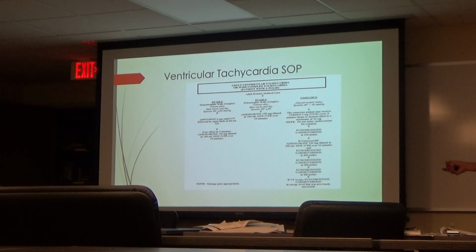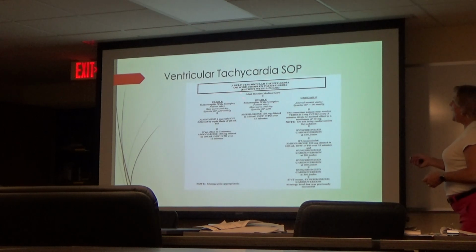The other thing is they say if it's polymorphic and they're unstable, go ahead and cardiovert. You can't cardiovert polymorphic because you're not able to find that R wave consistently. You have to actually defibrillate polymorphic wide-complex tachycardia. I don't know how we got that through on our last one. We didn't pay attention very well on that, so I do anticipate us correcting that.